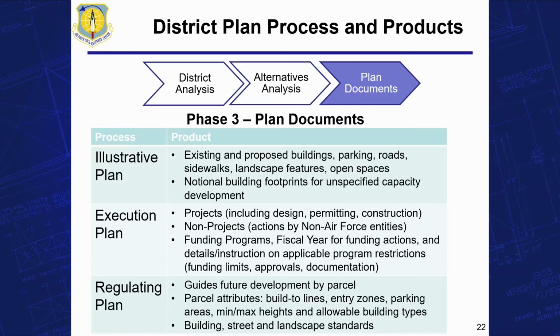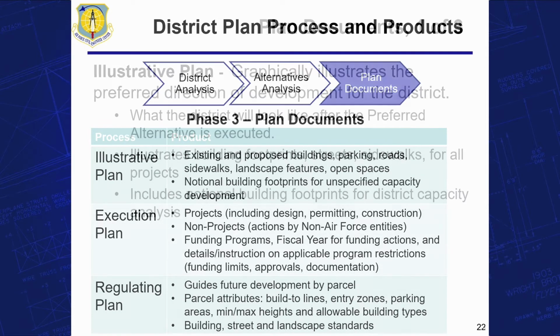Our model includes a separate phase to emphasize the main outputs from our efforts. There may be many maps, tables, and figures in an ADP report, but these three products represent outputs from the district plan process that have an enduring function and must be incorporated in the installation's work processes for future planning, programming, design, and acquisition.